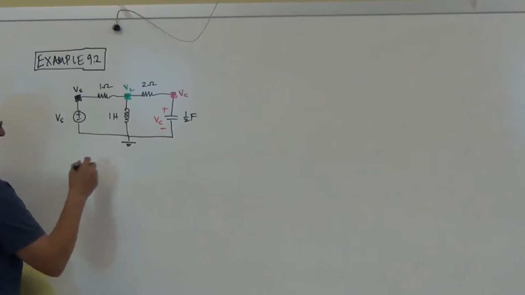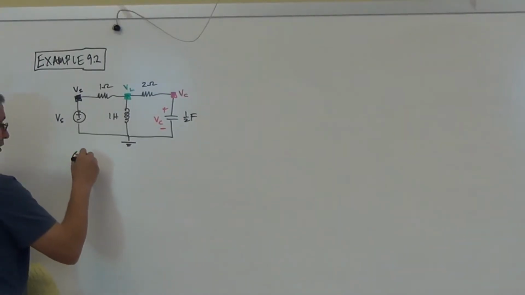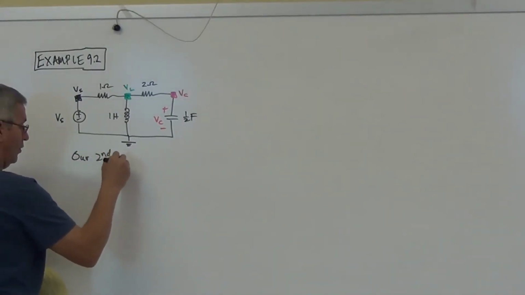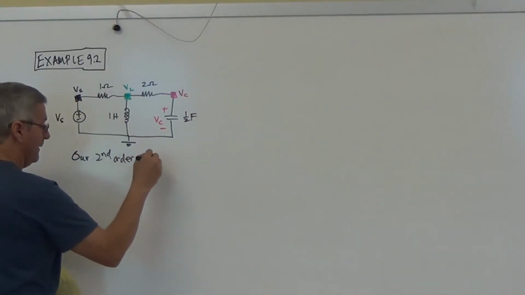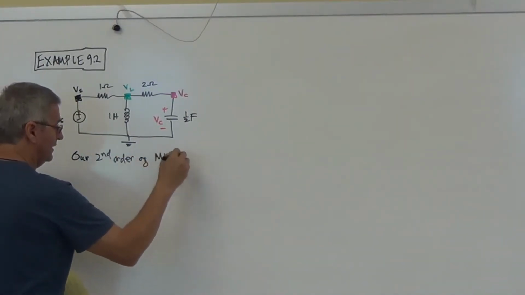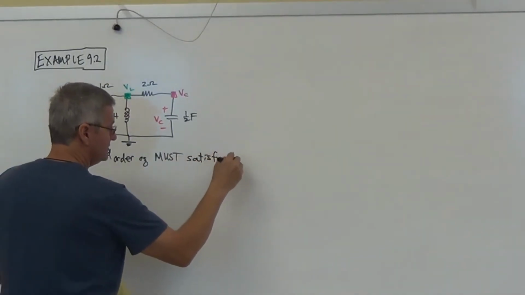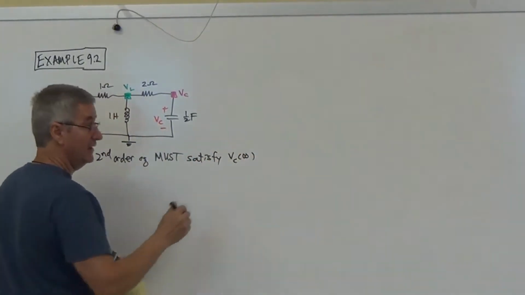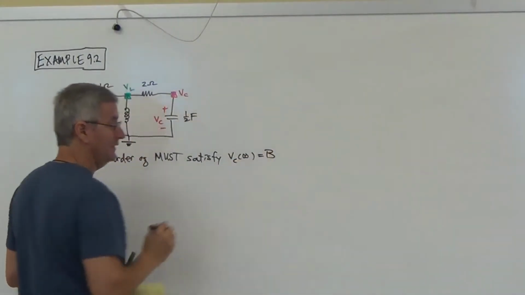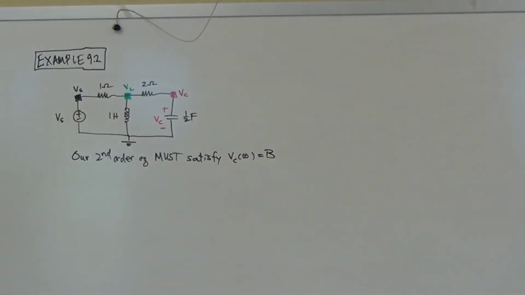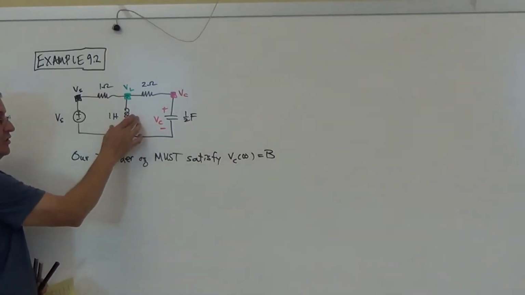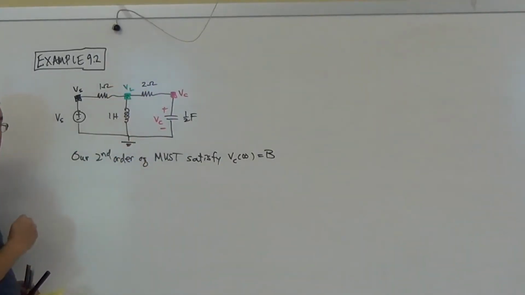Because our differential equation, our second order equation, must satisfy VC of infinity like this. And I'll call that constant B. Right? It has to do that. So when I look at the circuit here, you can see as t goes to infinity, this guy goes to a short, and it kills off this whole branch.